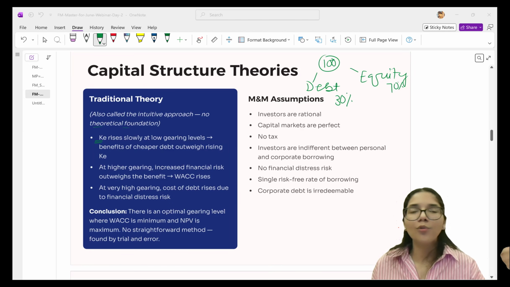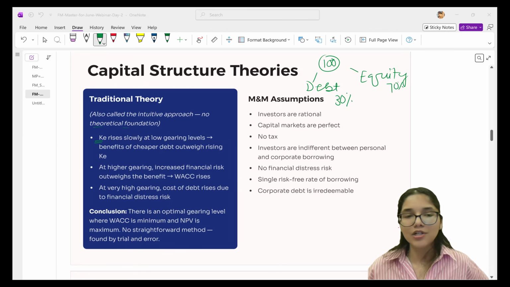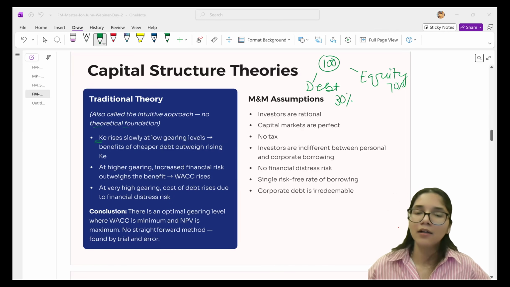Can I go to the people who have given me a loan and tell them that this year I will not pay interest because my business has not made profits? Can I tell the bank I'll not pay interest because I did not make profits? No, I have to pay interest irrespective of whether I make profits or losses.